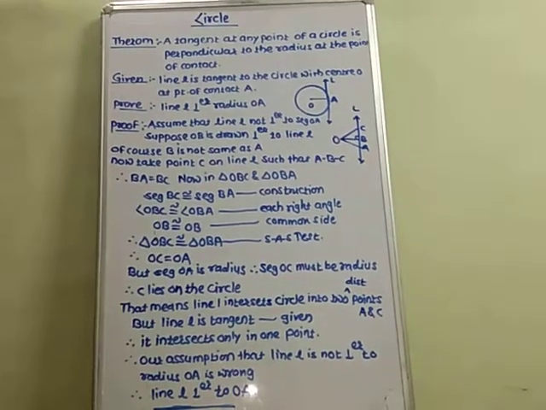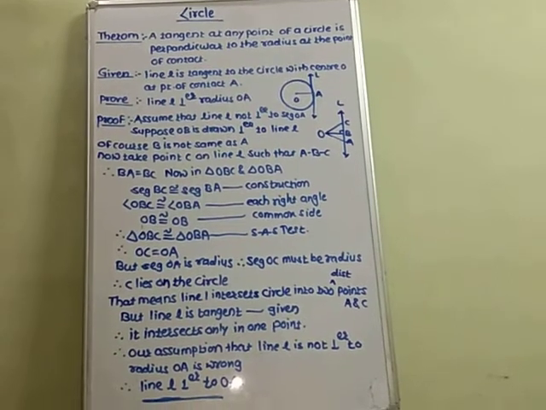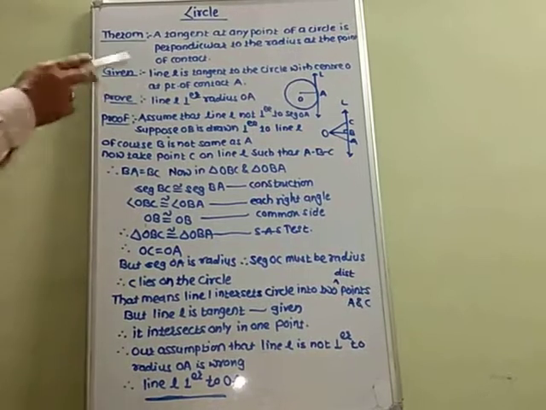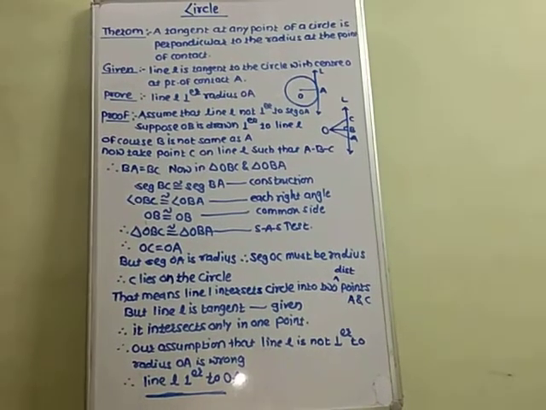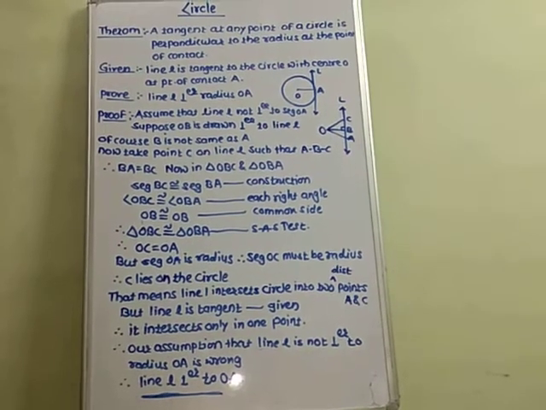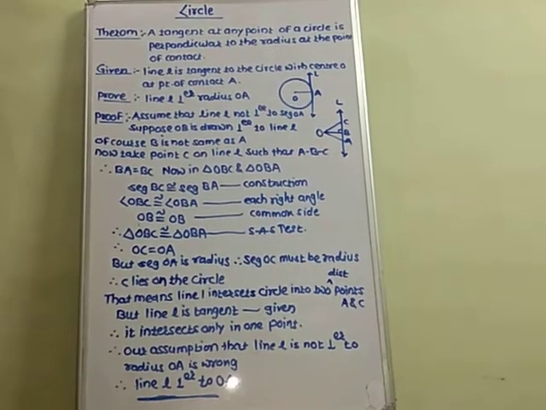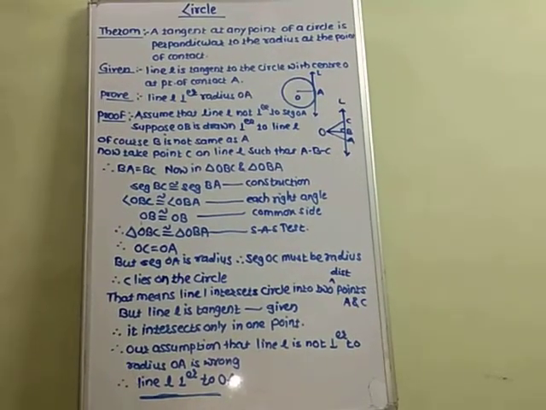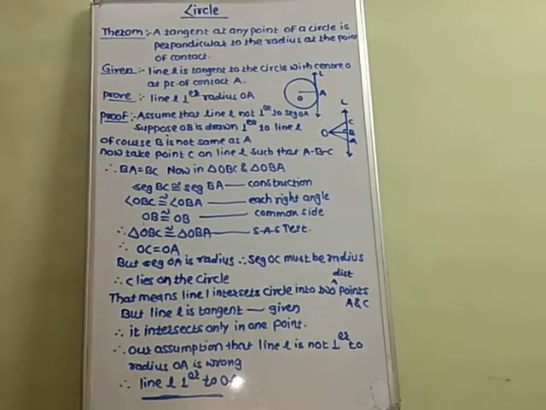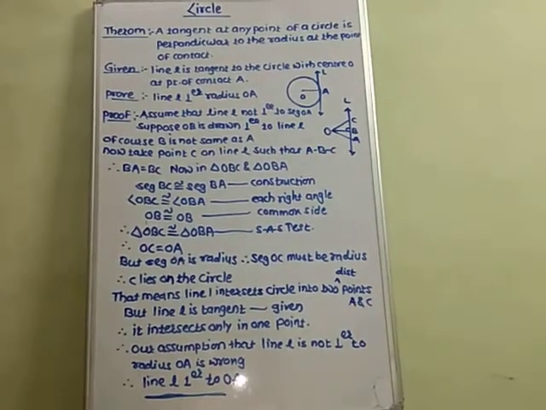That means line L intersects the circle in two distinct points A and C, but line L is a tangent, which is given, so it intersects in only one point. Our assumption that line L is not perpendicular to radius OA is wrong. Therefore line L is perpendicular to OA. This is the first theorem regarding the tangent, called the tangent theorem. Okay, are you good?